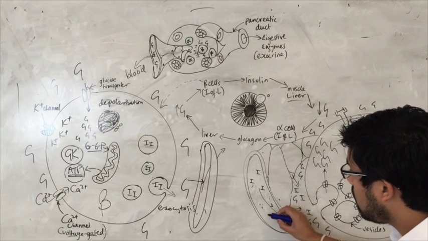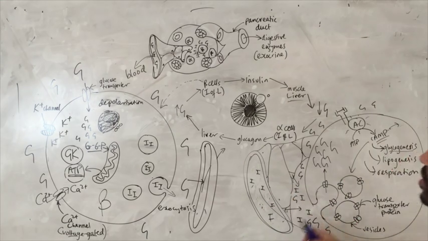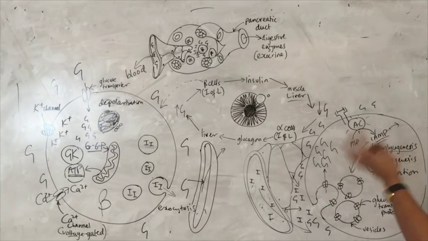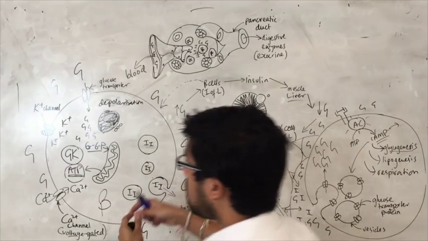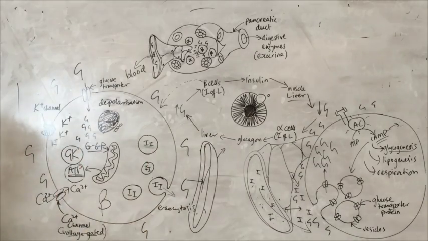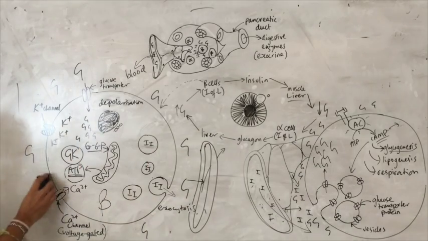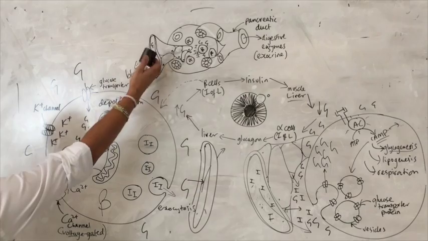Okay, right? And as the blood glucose levels go down thanks to this process, over here there's less of all this going on because we've got less glucose going around in our capillary.